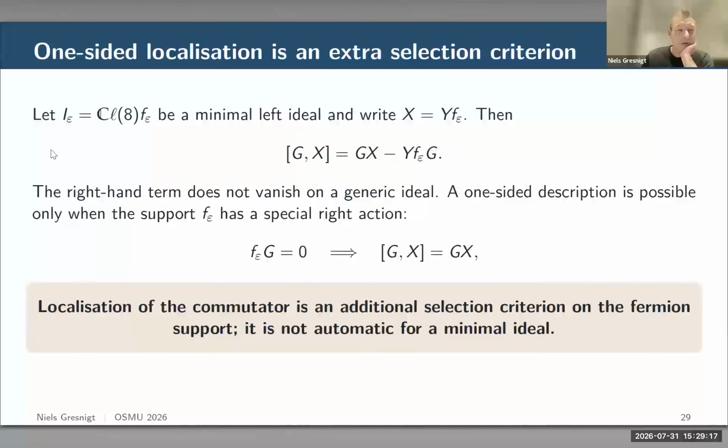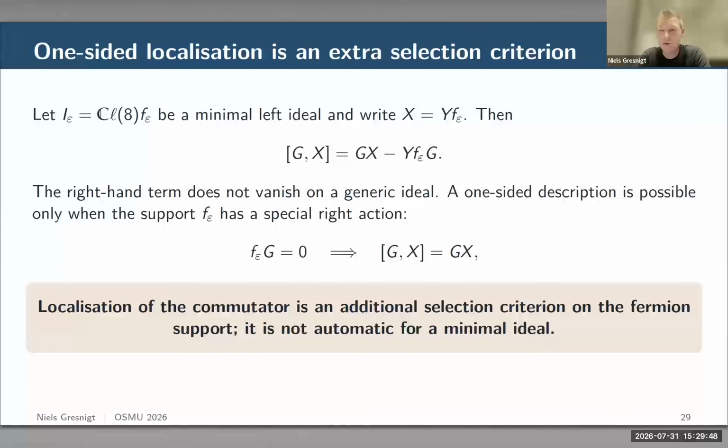Now, if we take a minimal ideal in CL8 and write it as x equal to y times the primitive idempotent, then if we calculate the commutator, we can write it out as written here. I want the action of the SU3, the commutator action, to reduce down to just a left action. That means I want the second term on the right-hand side to be 0.